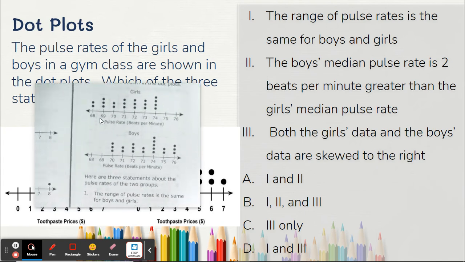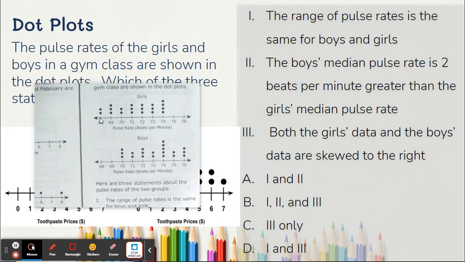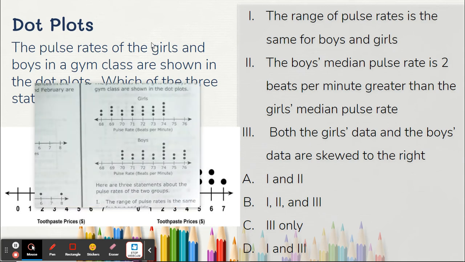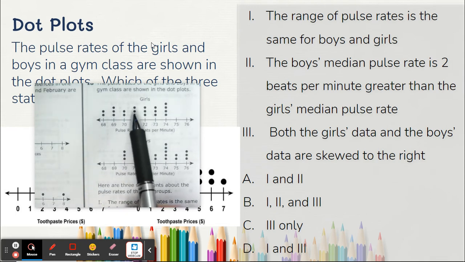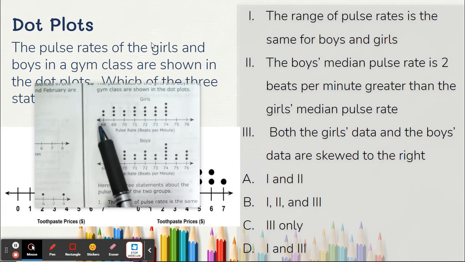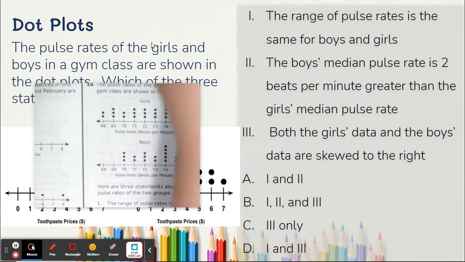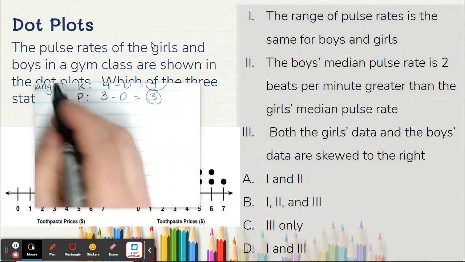Okay, so those are my pulse rates. We want to see if the range of pulse rates is the same for boys and girls. So if I look at girls, my range is going to be from 74 to 68. So I need to do 74 minus 68.